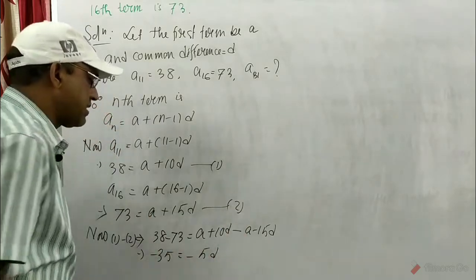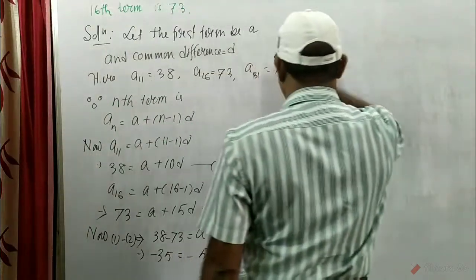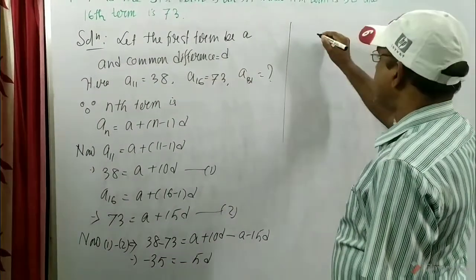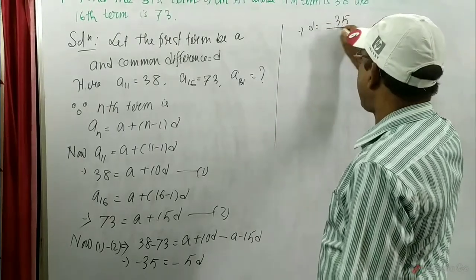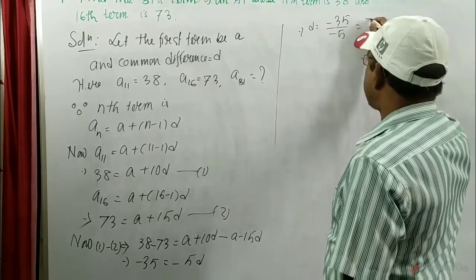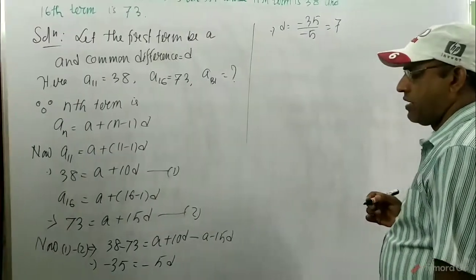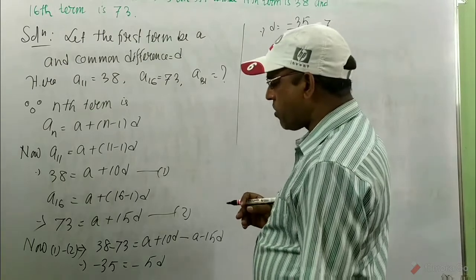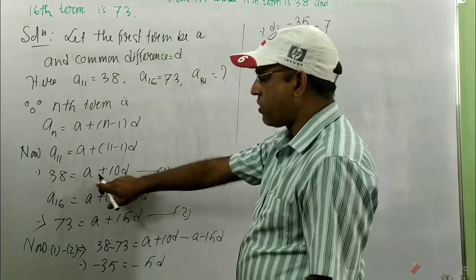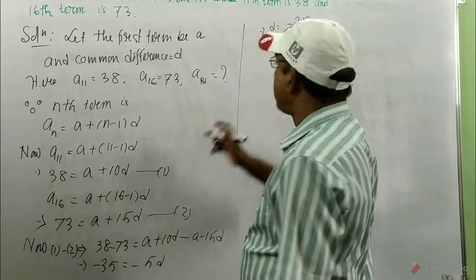The a cancels, 10 minus 15 is minus 5. So d equals minus 35 by minus 5, which equals 7. The value of d is 7. Now put this value of d in equation number 1, we can use 1 or 2 as you like.